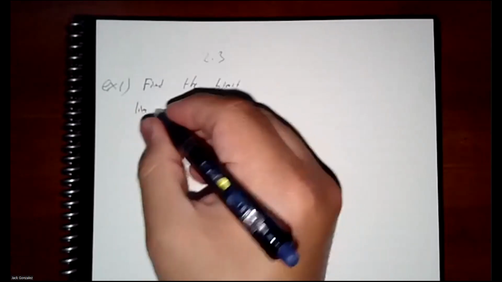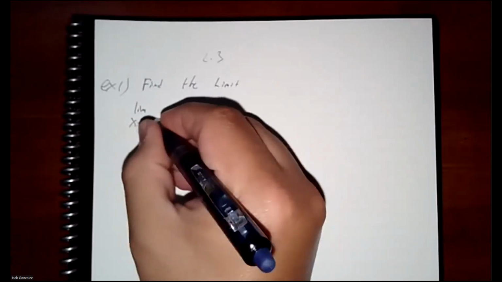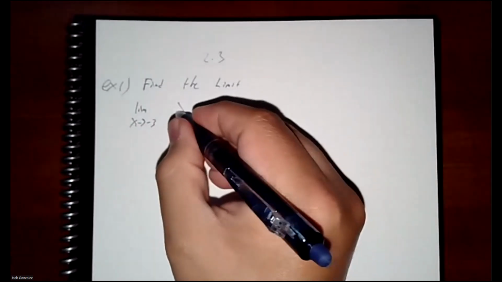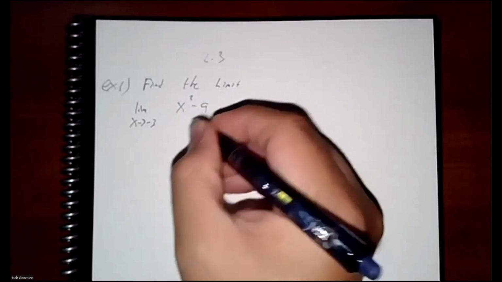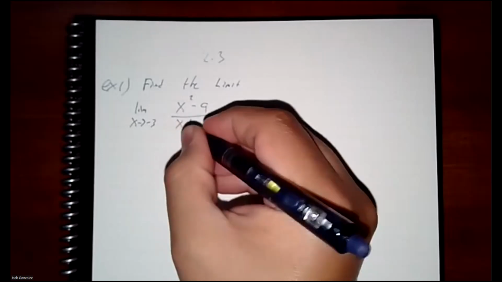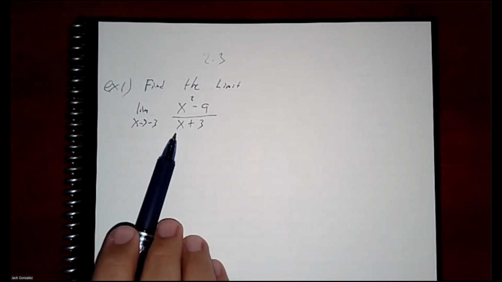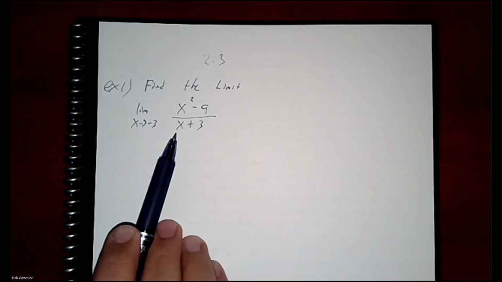So the limit as x approaches -3 of x squared minus 9 over x plus 3. Do you see what would happen if I plugged in -3 right here? What problem would we have?